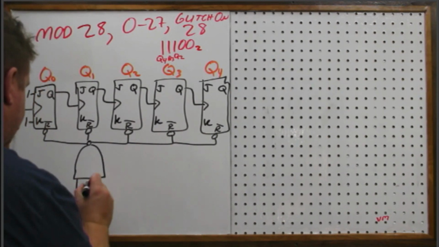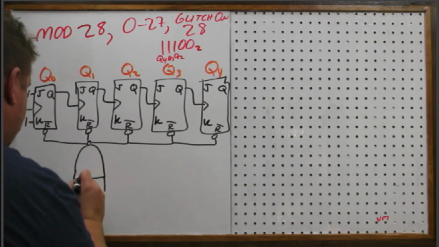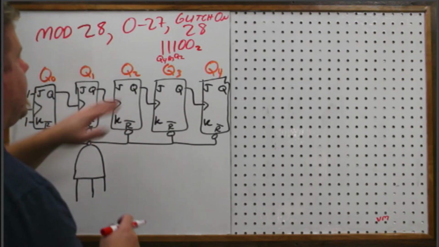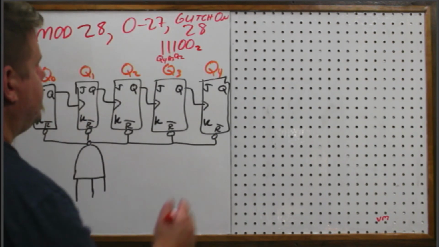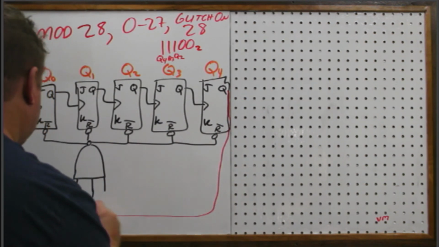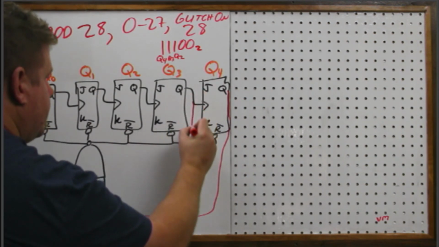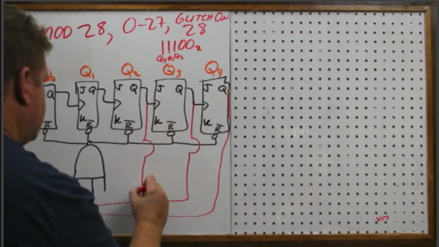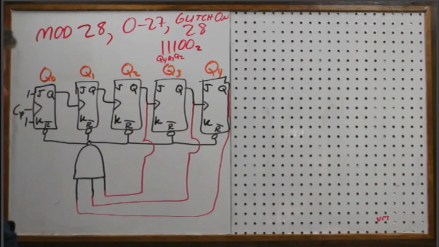Here's my 1, 2, 3. And again, I need Q4, Q3, and Q2. So Q4, Q3, Q2. Okay?